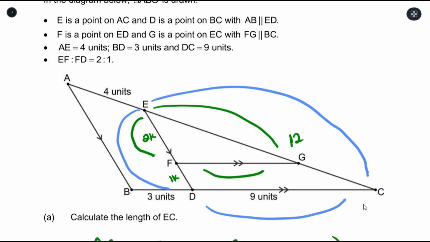They're similar, first of all, because the angles are equal. This is corresponding, that's corresponding, and this has a common angle. So definitely triangle EFG is similar to triangle EDC.